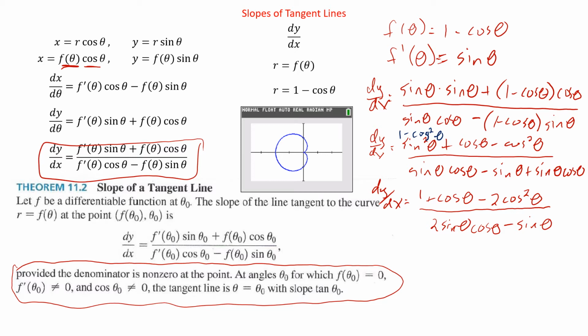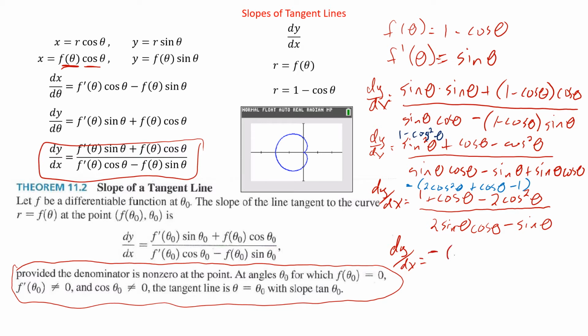So looking at factoring, we have dy over dx equals... this numerator, I'd factor out a negative as well, because that'll get our cosine squared to be positive. So this could be negative 2 cosine squared theta plus cosine theta minus 1, allowing us to factor that.